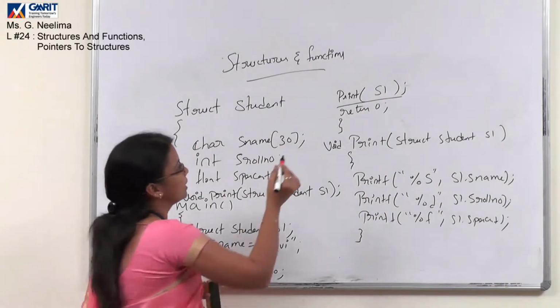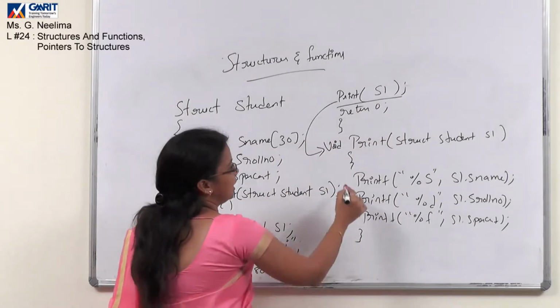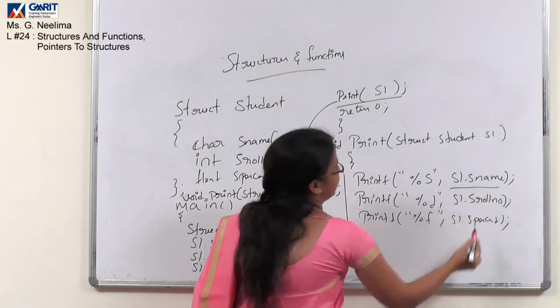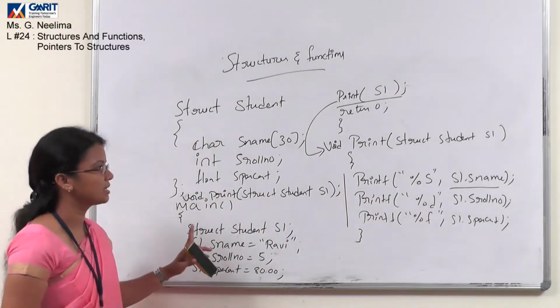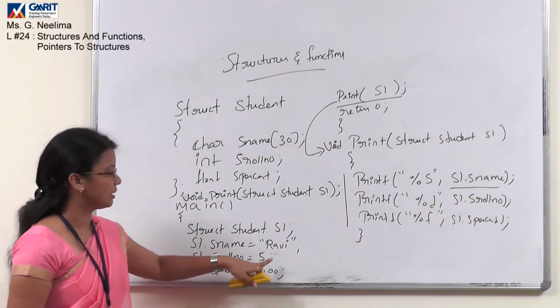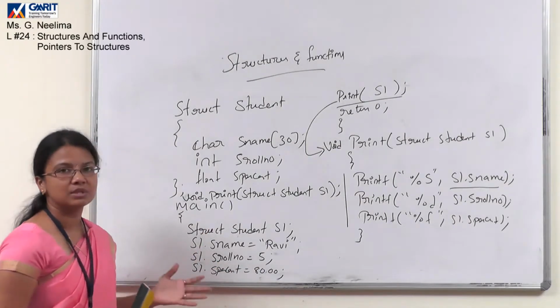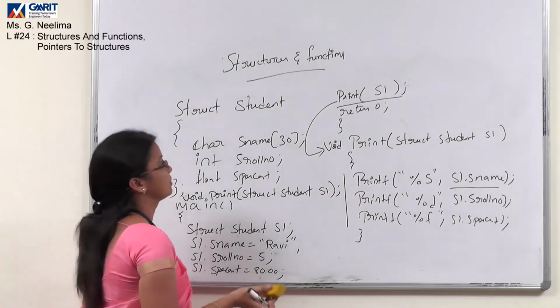Later on, by calling this, the control comes here, and here I am printing the values. The values will be printed directly. s1.s_name will give Ravi, 5 and some value. So like this we can use the structures and functions concept.